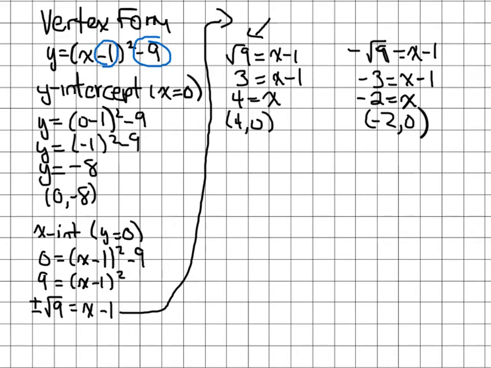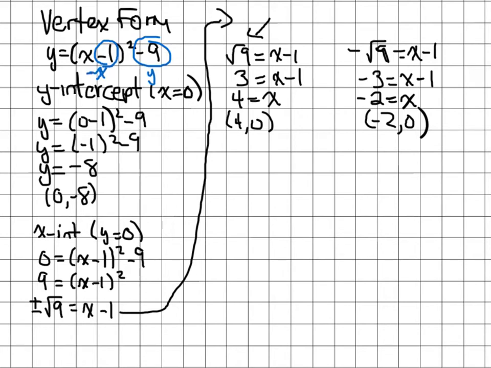And the reason for that you will find out more clearly when we look at transformations of quadratic relations. But at this point in time, I'm just going to ask you to trust me on this, is that my vertex, so this is the x-coordinate, and this is the y-coordinate of the vertex.